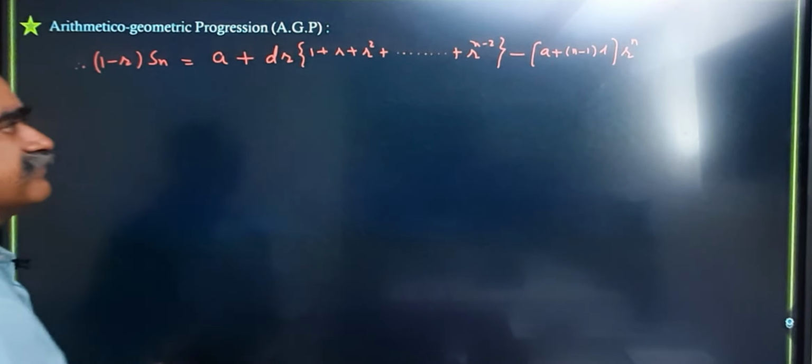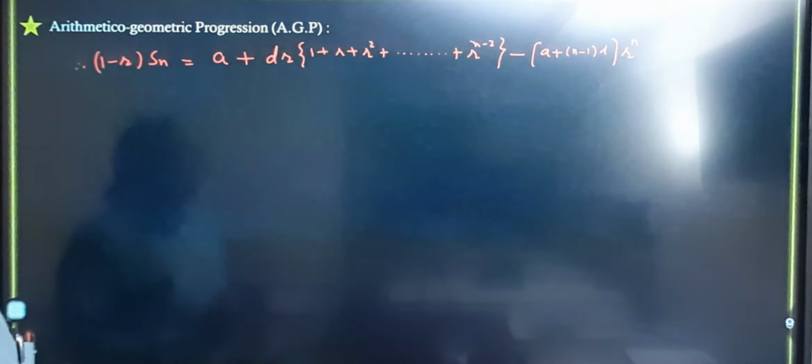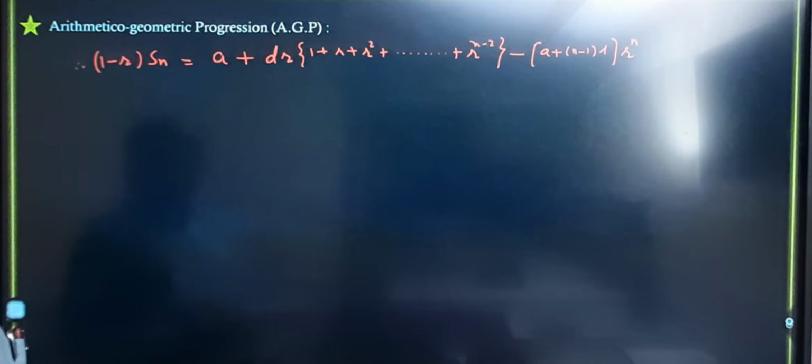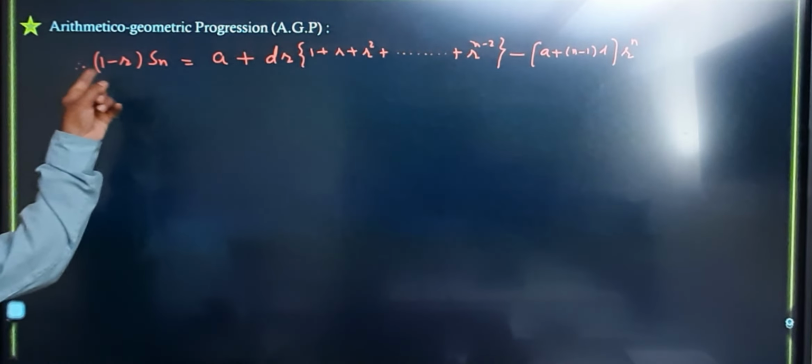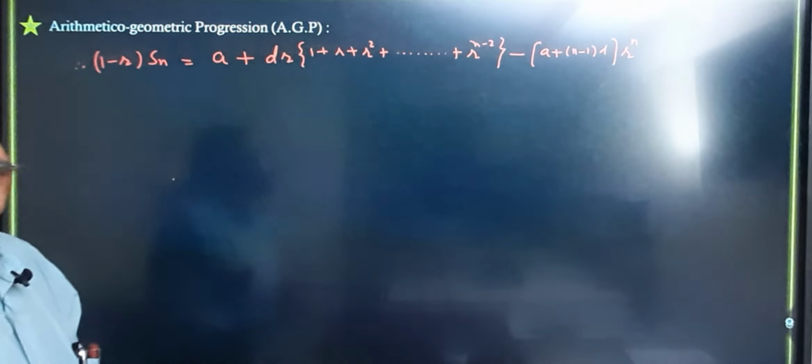Now the terms in curly bracket are in GP with first term 1 and common ratio R, and here 1 minus R we are getting, so we'll take common ratio R less than 1.